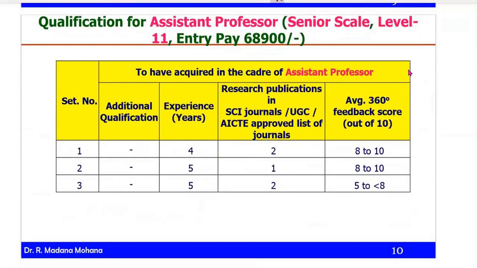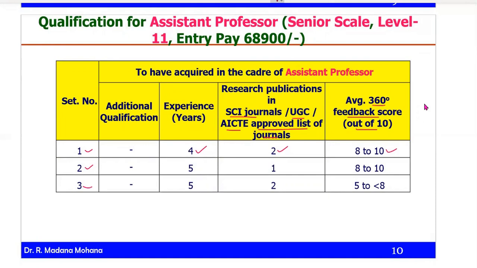So the following table contains three sets. So set 1, total experience 4 years, then number of research publications in SCI journals or UGC or AICTE approved list of journals, 2 publications, then average 360 degrees feedback score out of 10, so 8 to 10.